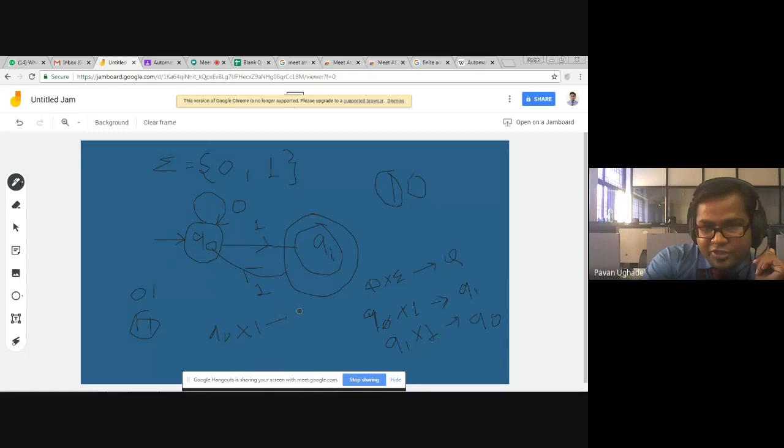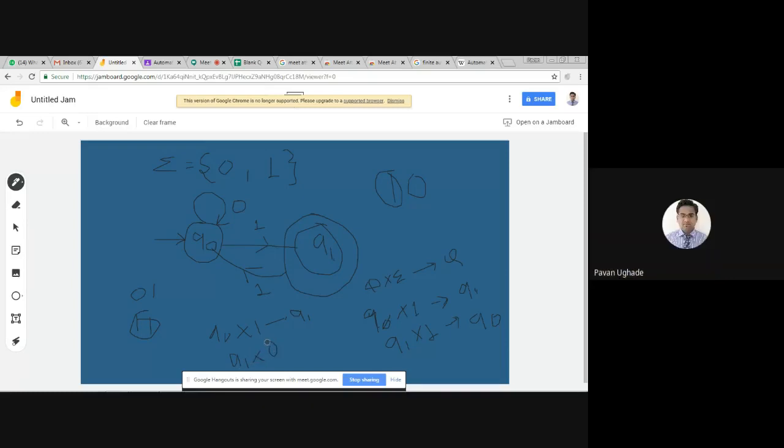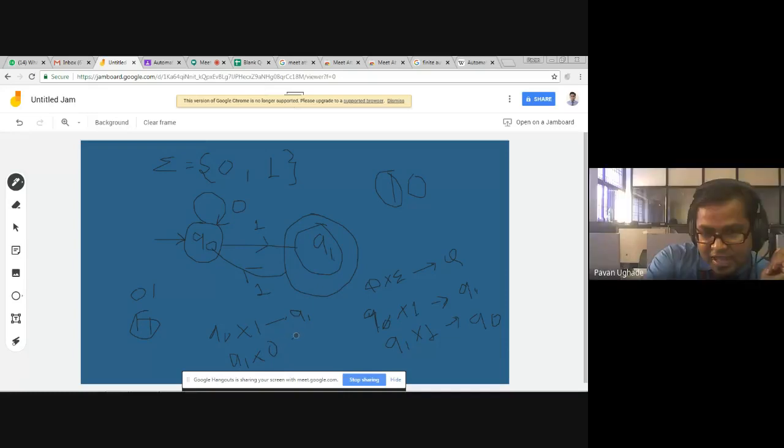Now the second character is read at q1. q1 over 0, if the string has to be accepted, it should reach q1 itself. So the transition should be like this, a self-loop over 0.